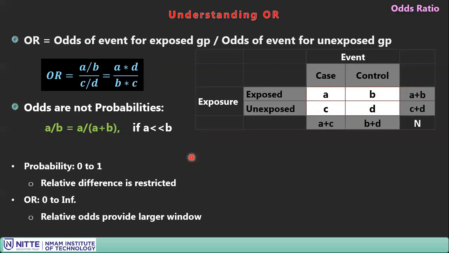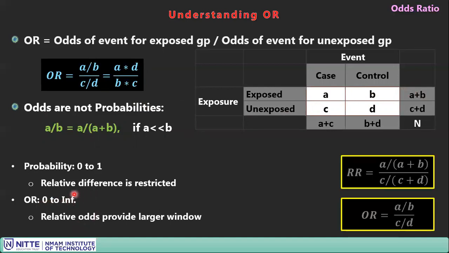Now probabilities are usually between 0 and 1, whereas odds ratio has a range of 0 to infinity. For relative risk, if you remember, we took the risk of exposed to the risk of unexposed, whereas here it is the odds of exposed to the odds of unexposed. So the denominator makes the difference between relative risk and odds ratio.